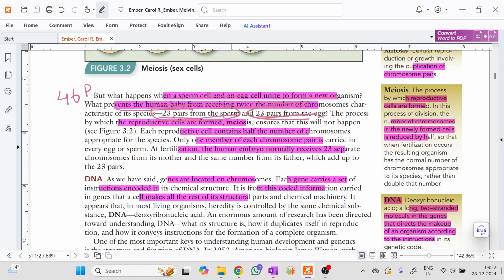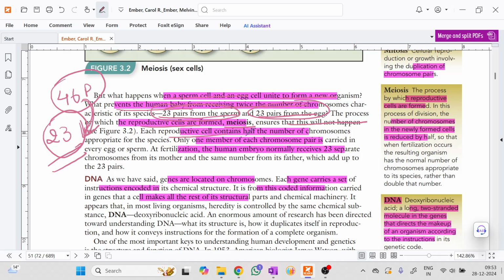The process by which reproductive cells or gametes are formed is known as meiosis. And this division must occur in such a way that every individual derives only 23 pairs out of the 46 that are available. This halfway measure is ensured by meiosis.